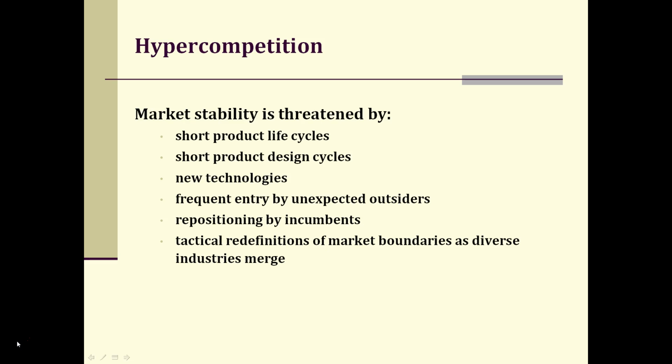Richard D'Aveni contends that as this type of environmental turbulence reaches more industries, competition becomes hyper competition. According to D'Aveni, quote, in hyper competition, the frequency, boldness, and aggressiveness of dynamic movement by the players accelerates to create a condition of constant disequilibrium and change.